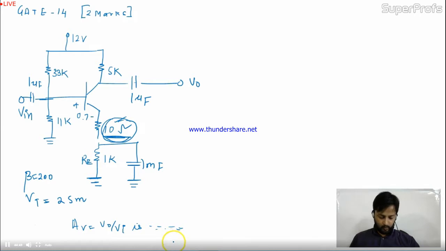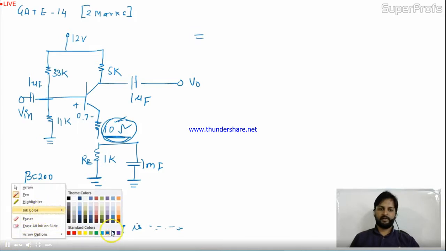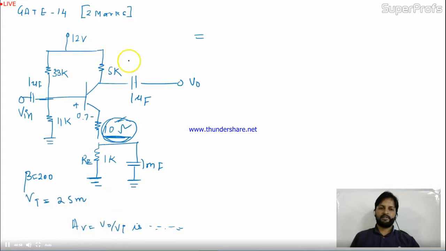Now, definitely we have to do the AC and DC analysis. This is a small signal analysis type of circuit. So first I'll do the DC analysis for this circuit. Okay, let me change the pen. I'm going to do the DC part of this.